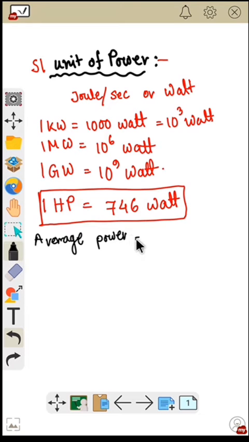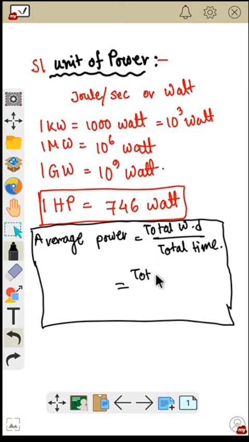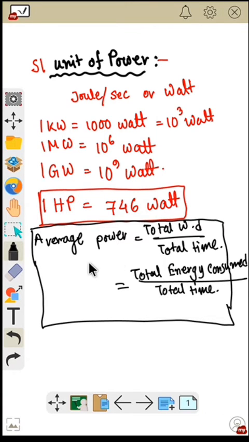So average power is total work done divided by total time, or if it is energy consumed, you can write that average power can also be written as total energy consumed divided by total time. This is also called average power.